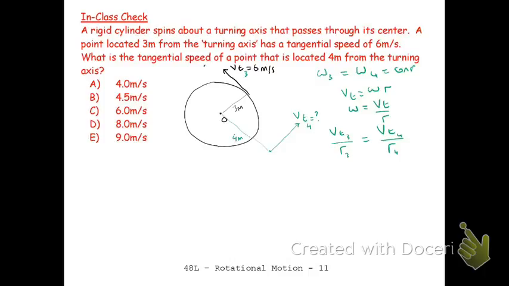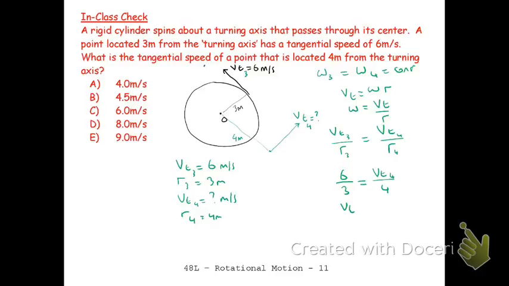So then we turn around and say, okay, well, I know some of this stuff, don't I? Vt3 is equal to 6 meters per second, and r3 is equal to 3 meters, of course. And Vt4 is equal to, I don't know, meters per second, and r4 is equal to 4 meters. Oh, this is fine. Vt3 is 6 over 3 is equal to Vt4, which is what I want, over 4.